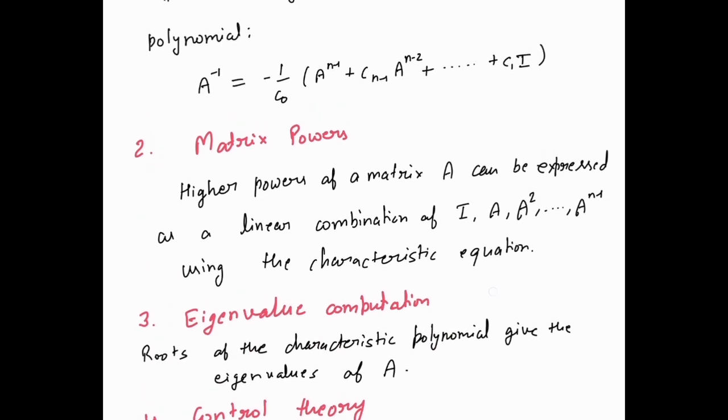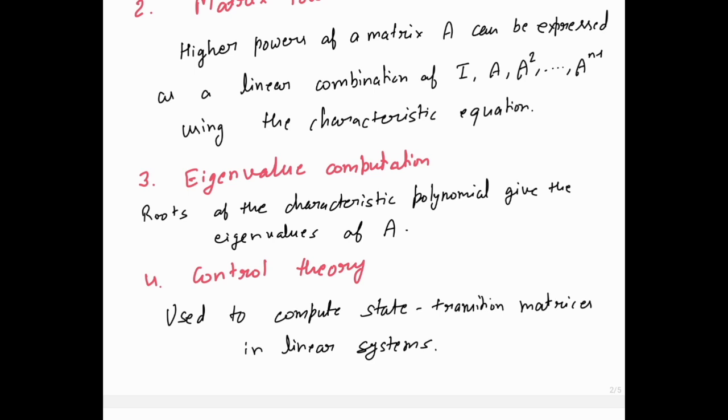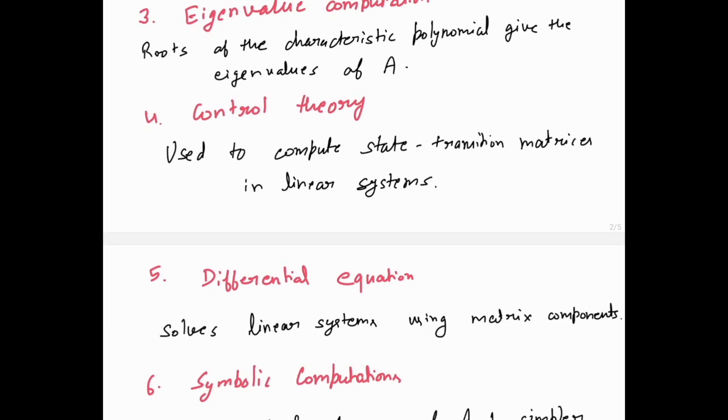Further is eigenvalue computation; if you have to compute eigenvalues, this theorem has applications. In control theory, it can be used to compute state transition matrices in linear systems, which is very helpful. In solving differential equations, it is quite easy for linear systems: you can put an nth order linear system into a square matrix and then solve the equation easily.